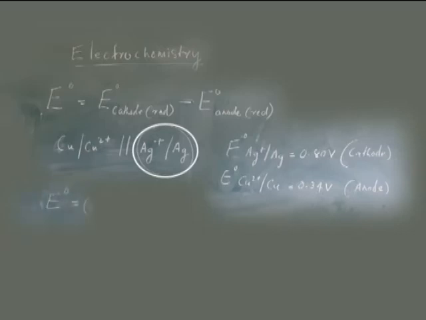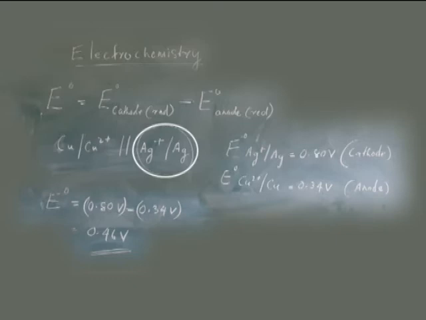It is 0.80 volt minus the value of copper, 0.34. When we solve this, we get 0.46 volt. This is the EMF of the given cell.